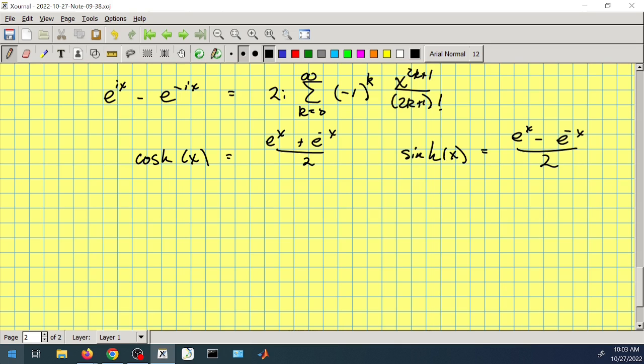On a computer, anybody had any programming yet? On a computer, or in a real-world application, we can't add up an infinite number of terms. So what do we do? Do a partial sum. Okay, you use one of the partial sums. Yes, we stop. We truncate.